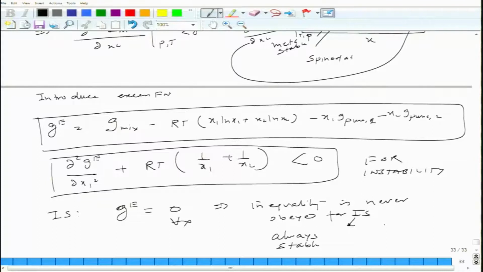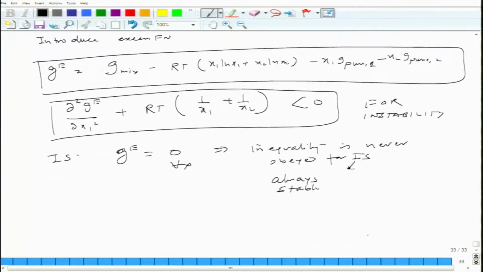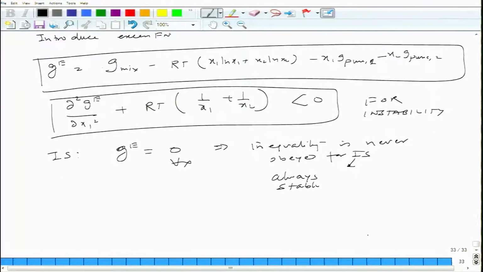Okay. Now let us try to understand a bit more by considering a model. Let us consider the one-constant Margules model, where the model is GE equal to A x1 x2, right. So the question is, what would be the value of A for which a stable phase exists, or in other words, what would be the value of A for which the system will be unstable.